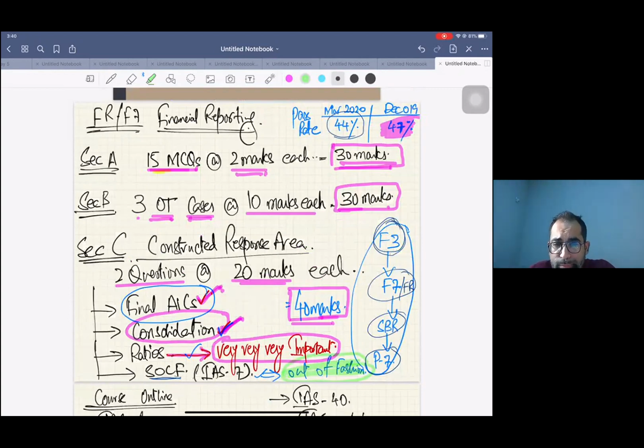Now, some people think that the shift from paper-based to computer-based examination, this presentation, is difficult. It's not difficult, I'm telling you, because the shift is towards technology. The use of technology is increasing now.